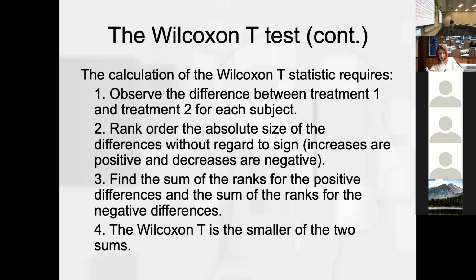Then find the sum of the ranks for positive differences and the sum of the ranks for negative differences. And that Wilcoxon T is the smaller of those two sums.